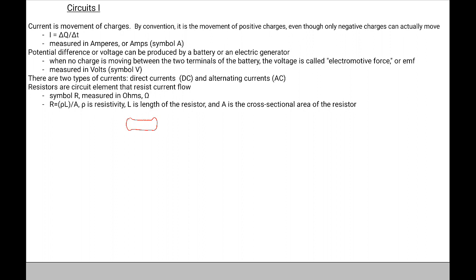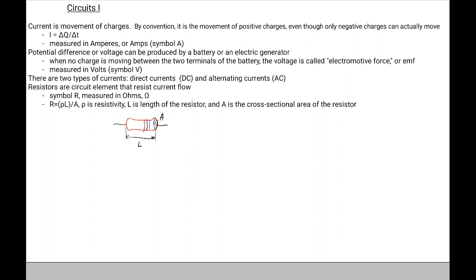And there are various bands on here that tell you the value of the resistance. There's also leads coming out of it. So the resistor has a certain length, L. It has a certain cross-sectional area, A.